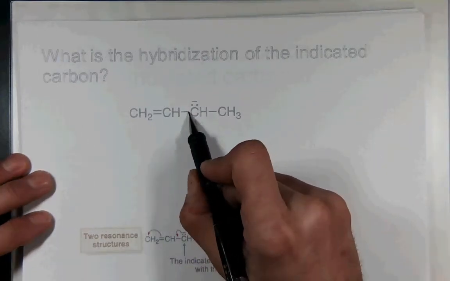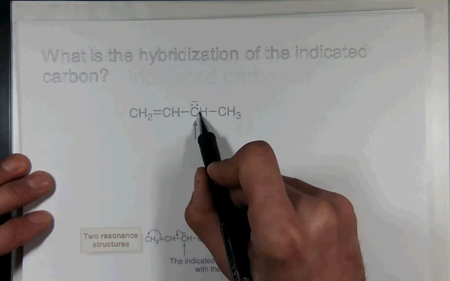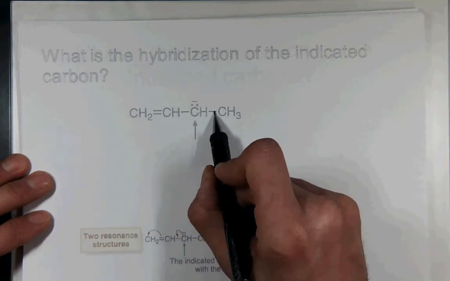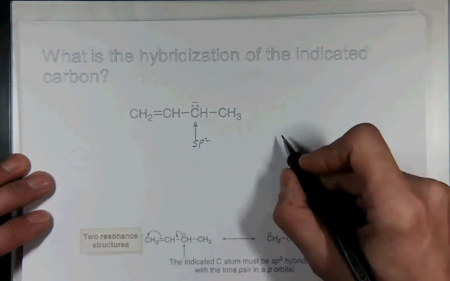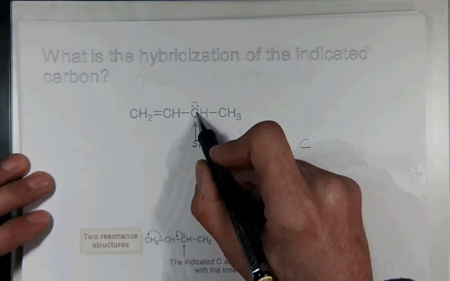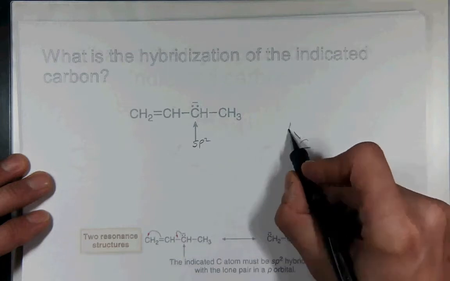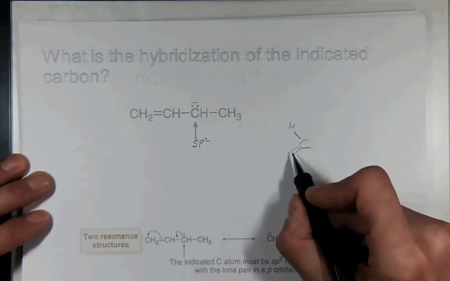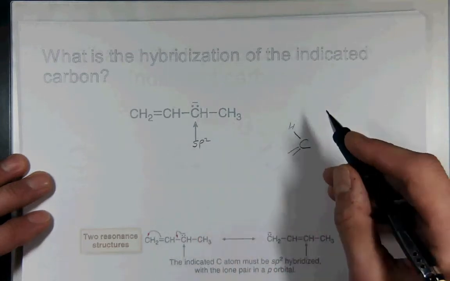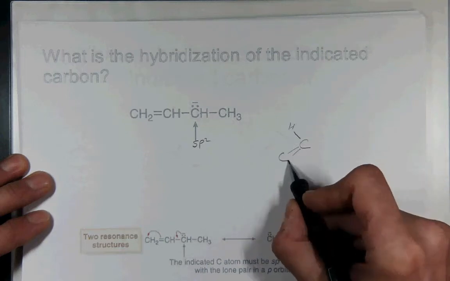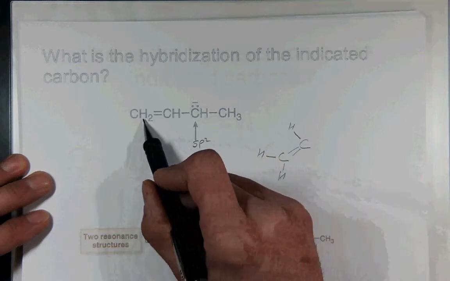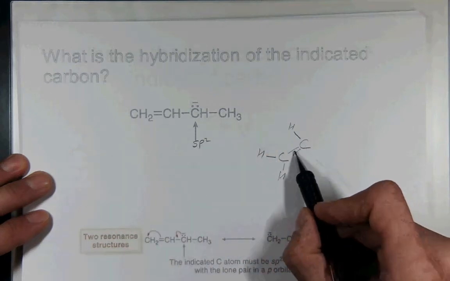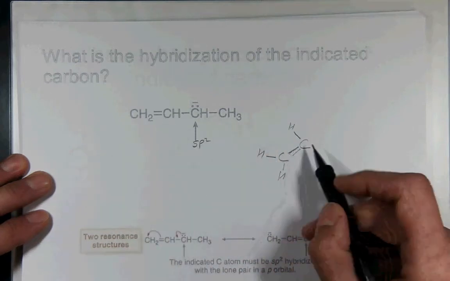Well, there's a single bond here, a single bond here, a single bond to this hydrogen, 1, 2, 3 bonds. This is sp2. This is a carbocation. So let me draw a carbanion. It's got a negative charge. Carbon 1, carbon 2, carbon 1, carbon 2. Remember, sp2 means trigonal planar geometry.